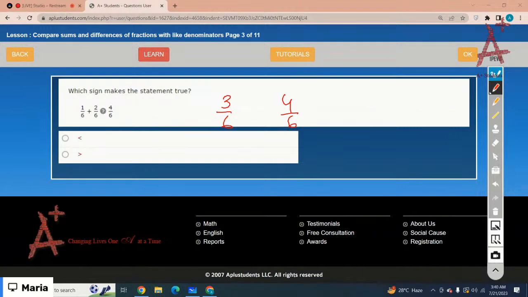So 3 by 6 is less than 4 over 6. So the correct option is less than.